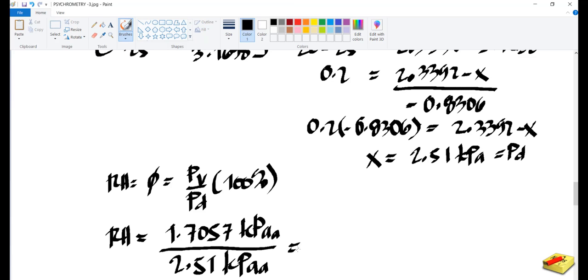So we have now the value of 68%, multiplied by, so we need to multiply by 100. So we have the relative humidity of 68%. Okay.